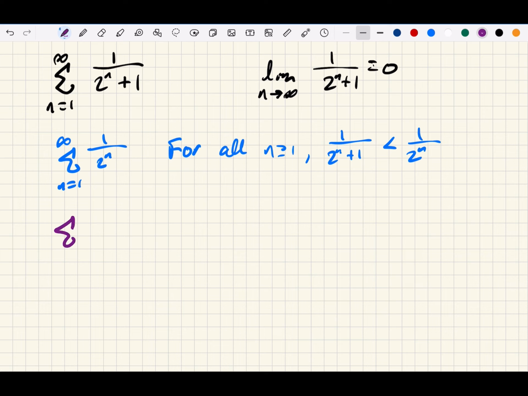So I might do something like that, because I could write 2 to the n as 2 times 2 to the n minus 1, right? Because what do I do when I multiply with like bases? Add exponents. And so there's a 1 and an n minus 1, that's going to add to n, right? Okay. Now, why is that handy? Well, let's keep going.